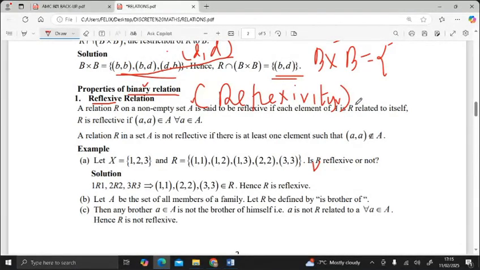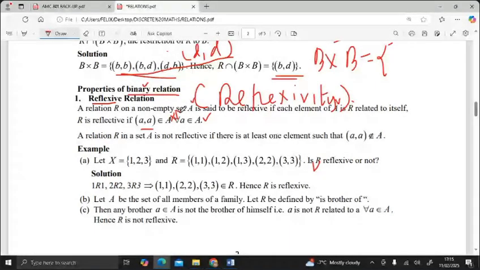We're told that a relation R is said to be reflexive if each element of A is related to itself. Look at this. We're saying that for every member of the set A, every member is related to itself. And you can see that is exactly what we're saying here.